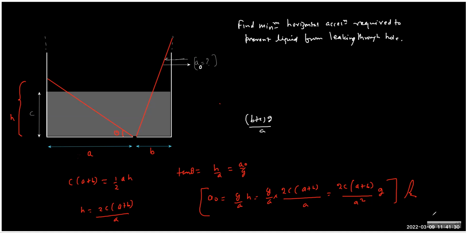So next is called rotating vessel. So let's say we have a kind of bucket.